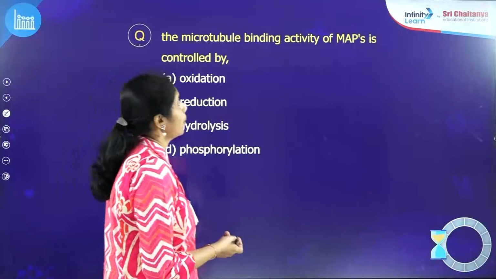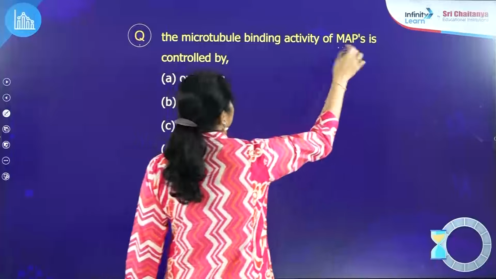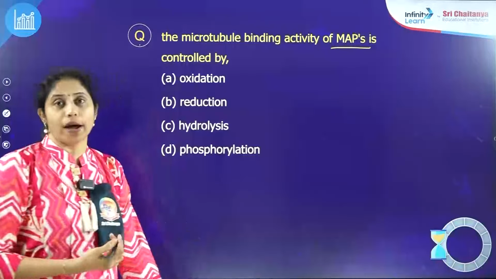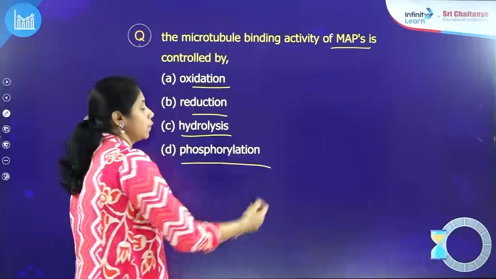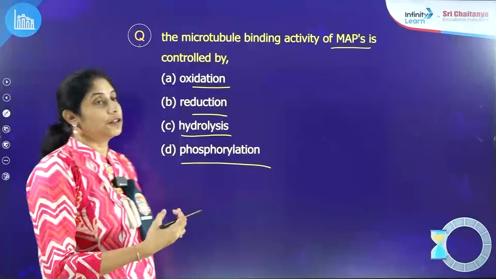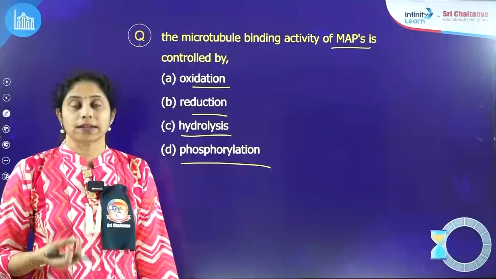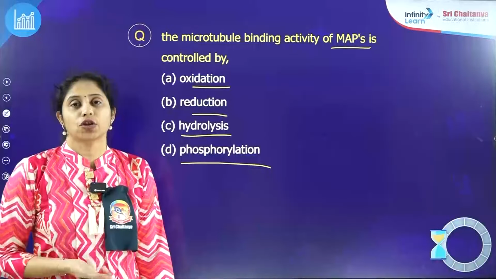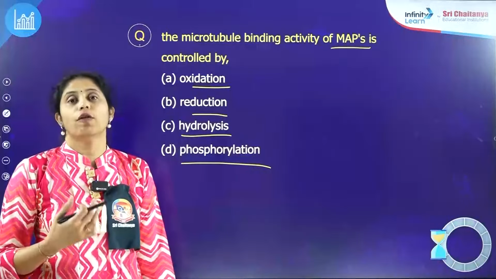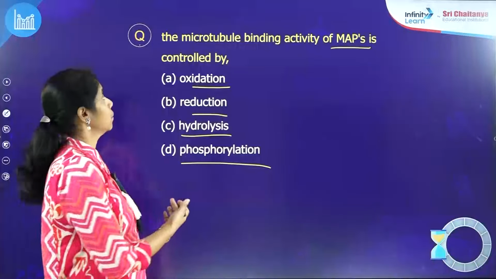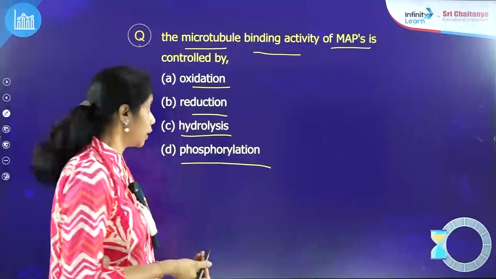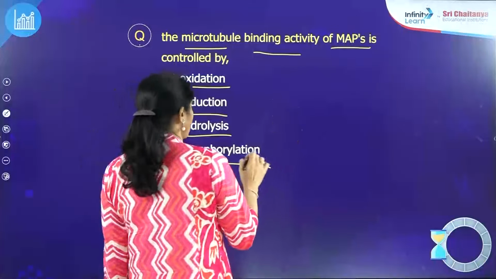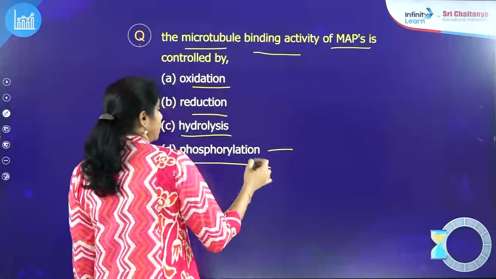The microtubule binding activity of microtubule associated proteins is controlled by which process? Is it oxidation, reduction, hydrolysis or phosphorylation? You know that for cell movement, cilia movement or flagella movement, we need energy in the form of ATP. Here also, the microtubule binding activity of microtubule associated proteins is controlled because of phosphorylation.